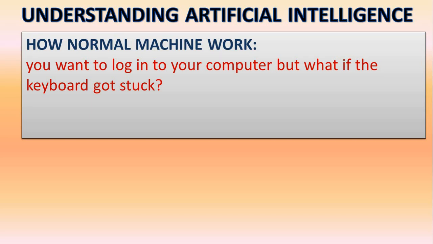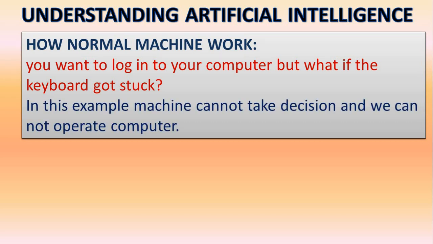Okay, so we are considering the computer a machine, but what if the keyboard got stuck? Suppose your keyboard is damaged or not working, then ultimately in this example the machine cannot take a decision and we cannot operate your computer, we cannot even log in. Okay, so here the AI is missing.